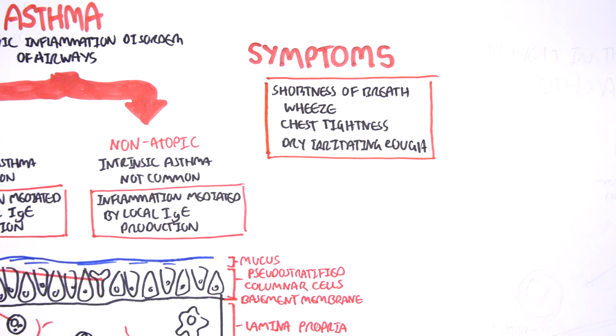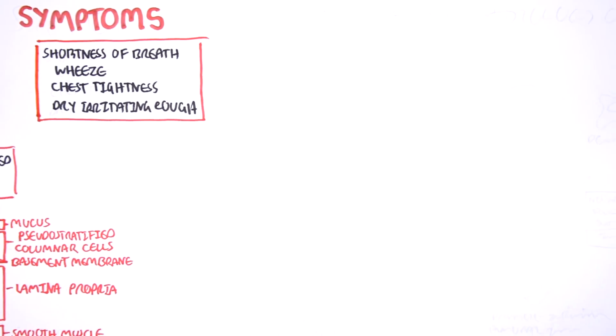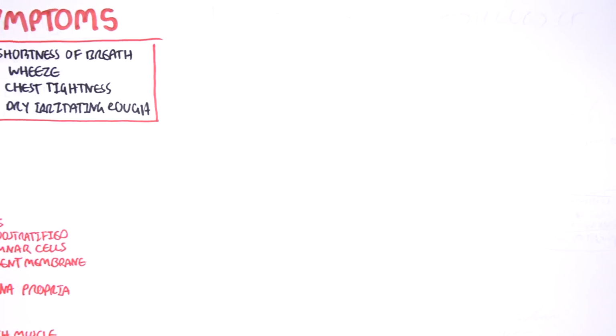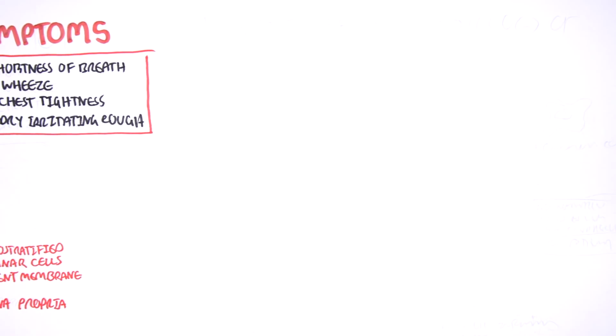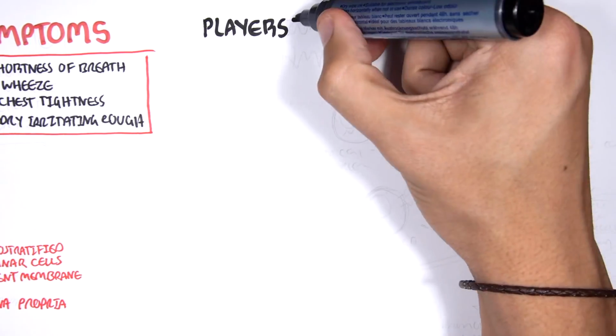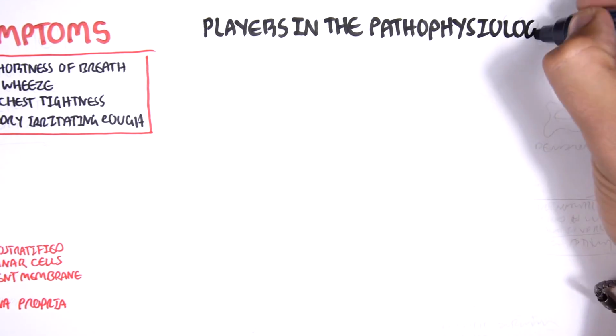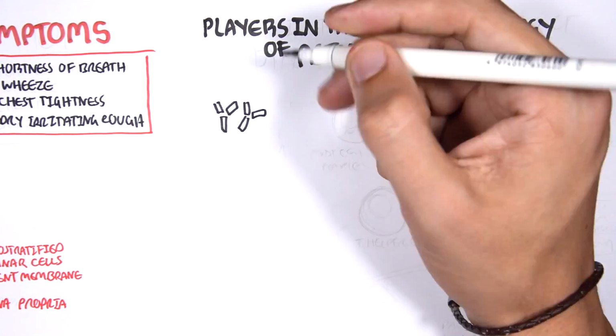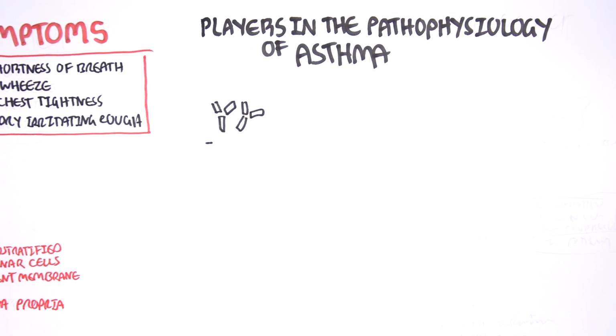So now that we have identified some changes that occur in an asthmatic bronchiole, let us look at the pathophysiology. So let's look at some players in the pathophysiology of asthma. We have a main one, IgE antibodies.